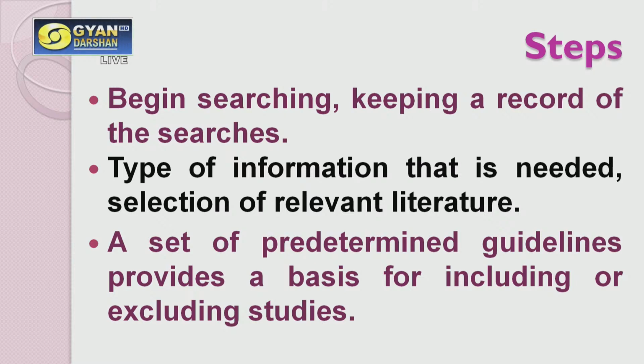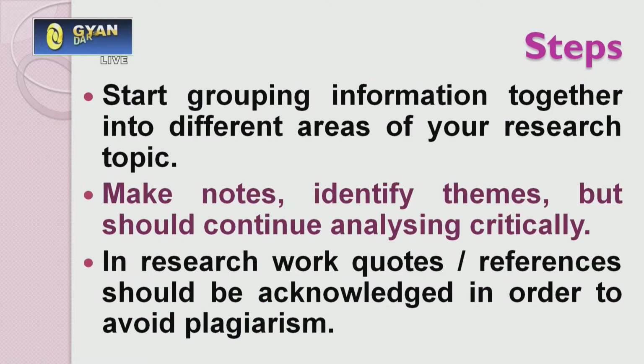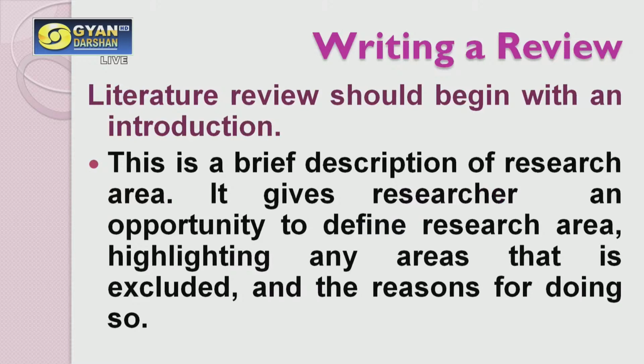A set of predetermined guidelines, which I have already told you, is very important to write first. Start grouping the information, make notes, identify themes, then group the information and code the references to avoid plagiarism. This is very important.